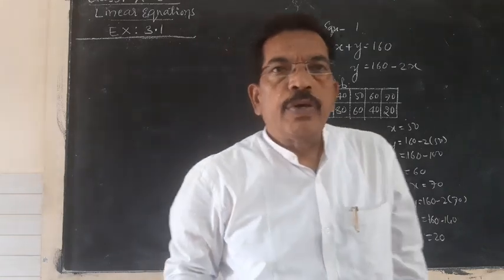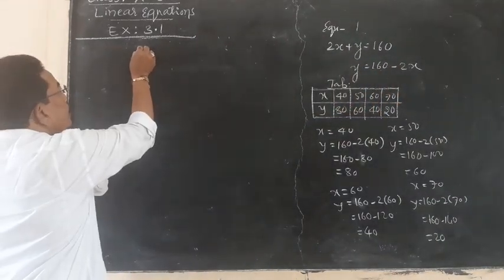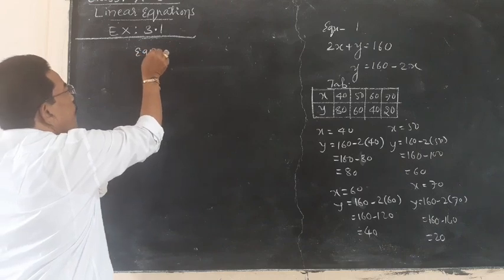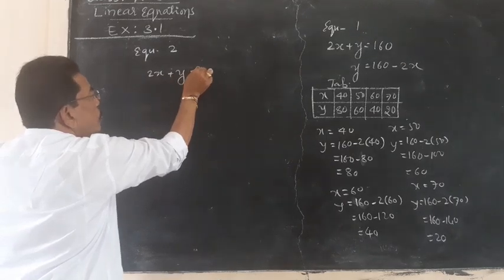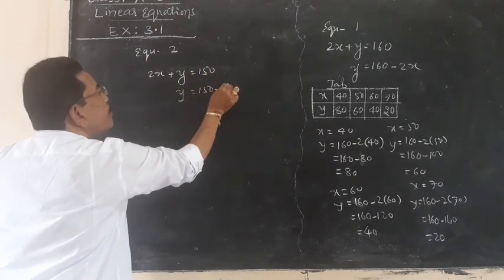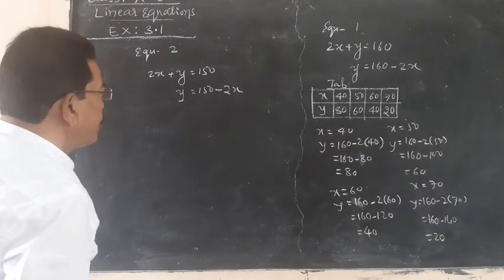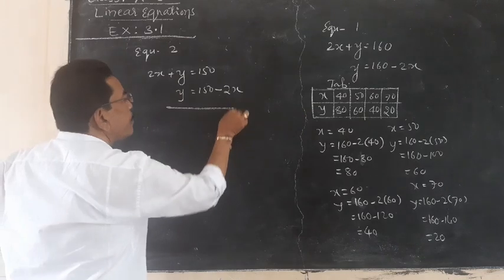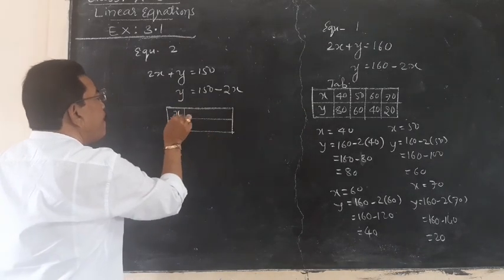Now the second equation, that is 2x plus y equals 150. Therefore y equals 150 minus 2x. Then tabulation, x, y.